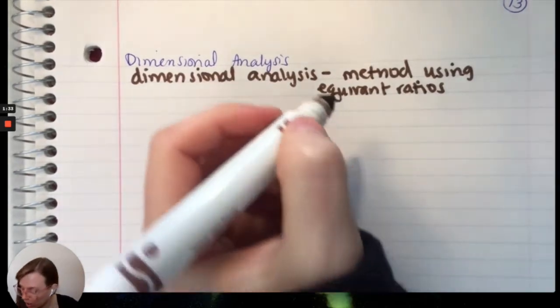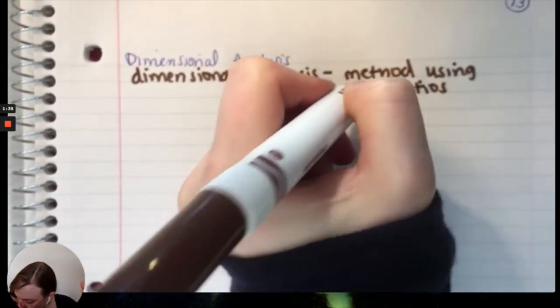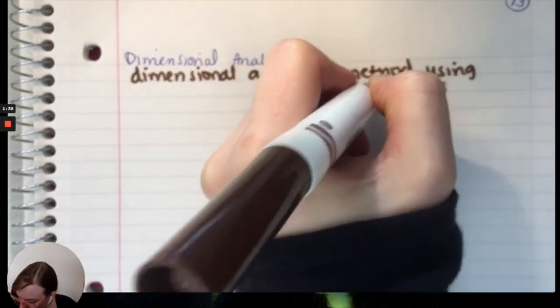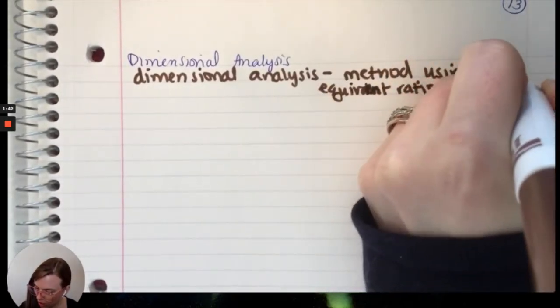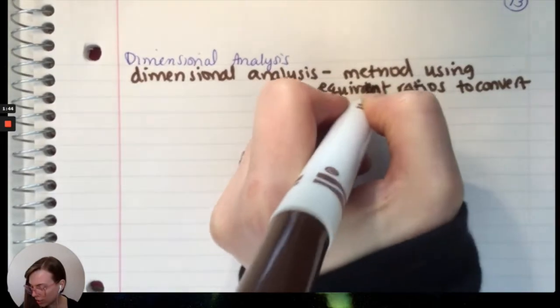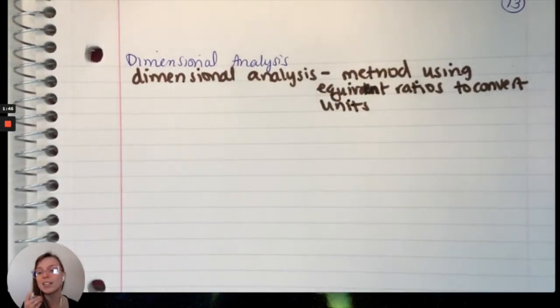And I spelled equivalent, E-N-T. There you go. Equivalent ratios to convert units. So we're going to be changing from centimeters to inches and vice versa.